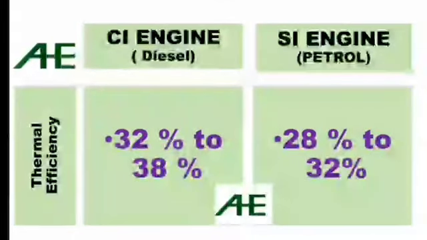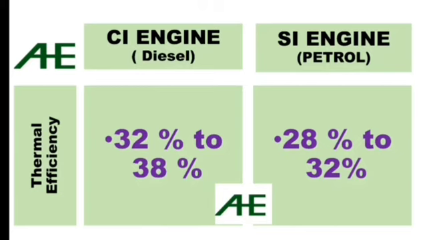This is also a most important point from the MCQ point of view as well as the theory point of view. Thermal efficiency. Thermal efficiency is the conversion rate of any engine. It means if we put in 1 liter of petrol, how much percent of the fuel is utilized to produce energy is given by the thermal efficiency. In a CI engine the thermal efficiency is 32 to 38%.